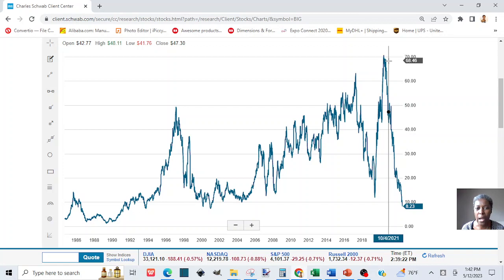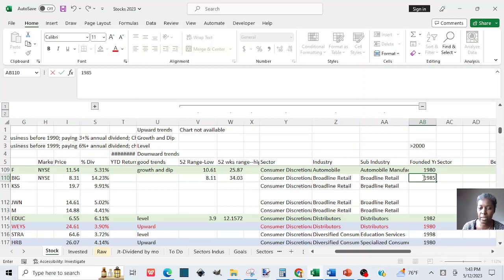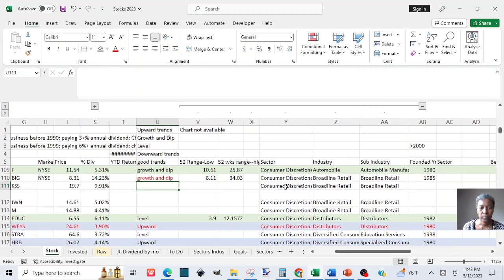So I don't want to do too much study of the chart or whatever is going on inside that company, but I look at this and I will say that's growth and dip. So you will put it on your spreadsheet. I trained this to pretty much 1985, and we can just put growth and dip, and I don't need it in red.